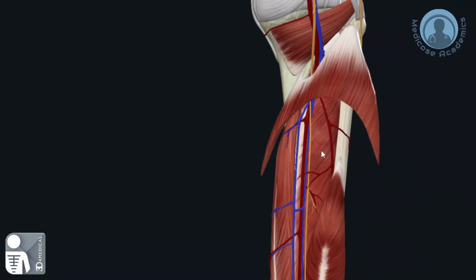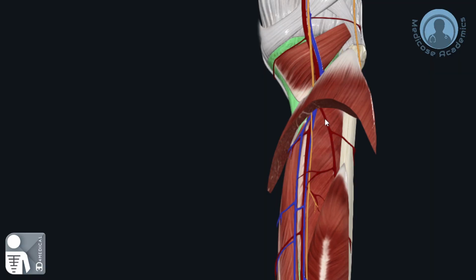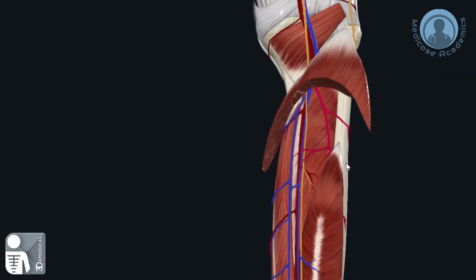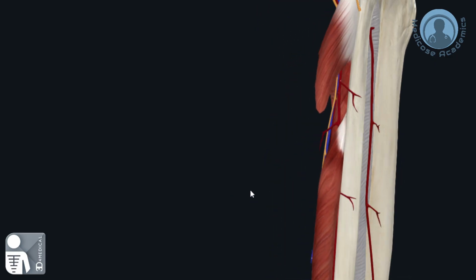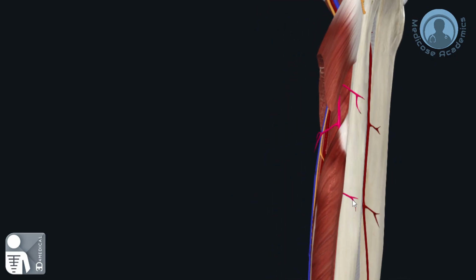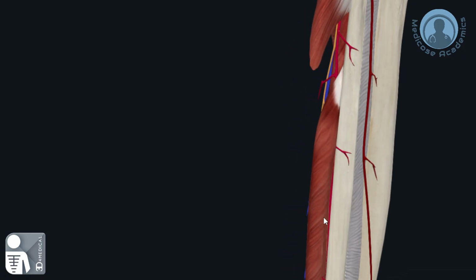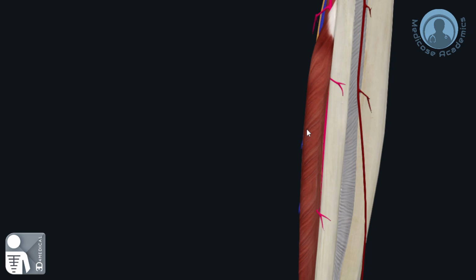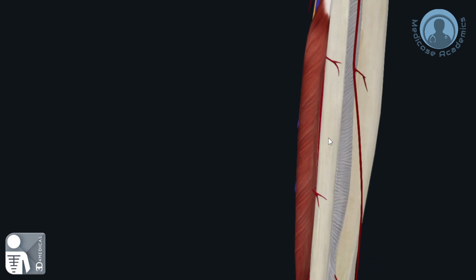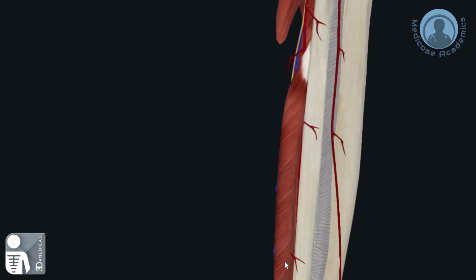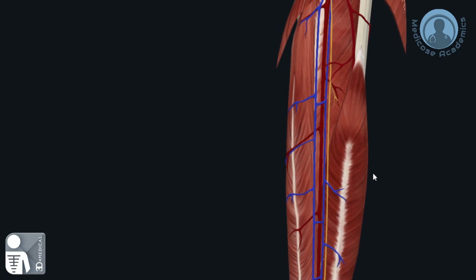So this is the fibular artery arising from the posterior tibial artery. It has a number of muscular branches. These are the perforating branches, like this one, this one, this one. They cross the posterior intermuscular septum and the flexor hallucis muscle and supply the lateral compartment muscles. That is why the lateral compartment does not have any artery of its own.